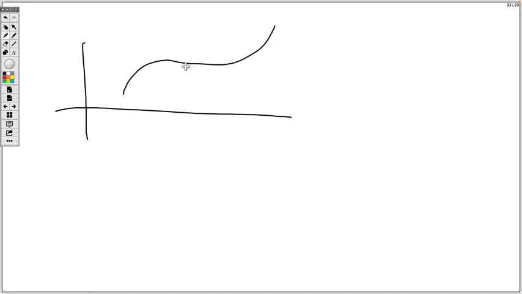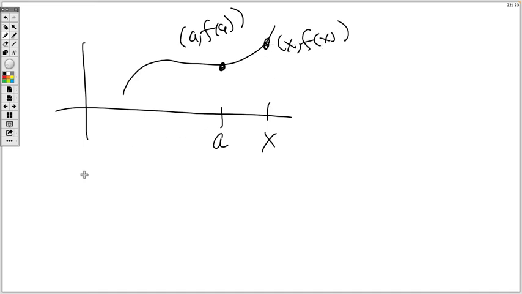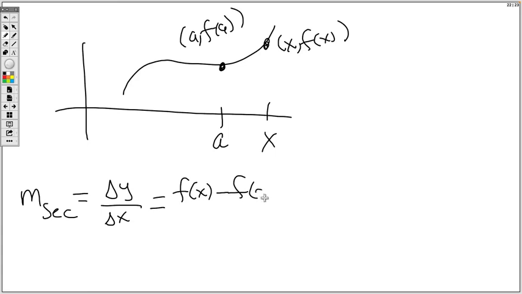All right, so what we're doing now, the way we're trying to get at derivatives now, we've got this a comma f of a, and then we've got x over here, x comma f of x, and the slope of the secant line. That's your change in y over change in x. That's your f of x minus f of a over x minus a.